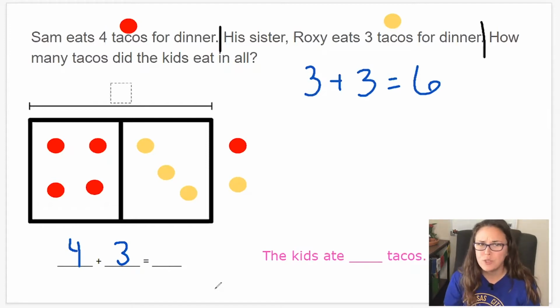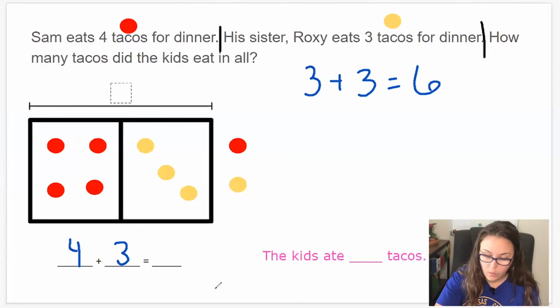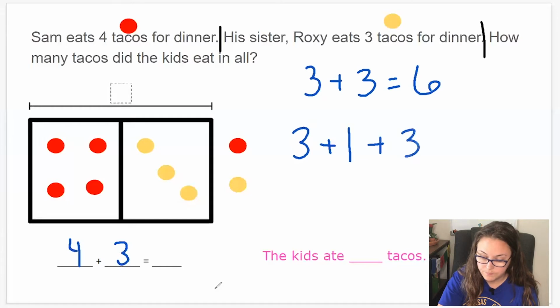How many more do we have to add to get from 3 plus 3 to 4 plus 3? Well, I know that 3 plus 1 equals 4. And then I have to add the other 3. So I know that 3 plus 3 equals 6.